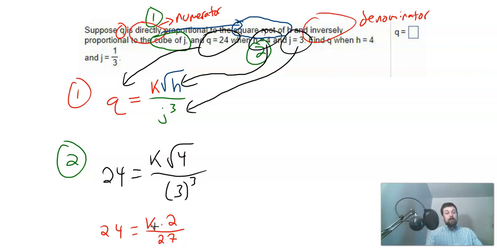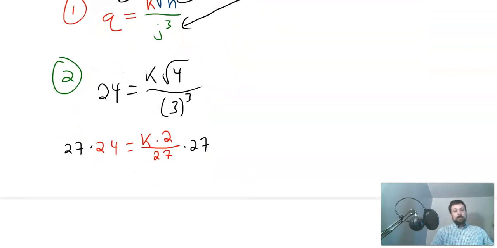Right. Then to solve this for k, I need to get rid of the fraction, so I'll multiply the common denominator to both sides, which is 27. And you can see that this is going to turn into a big number. Right. So multiply 27 to both sides, and we're going to get 27, I made sure to have a calculator ready today, times 24, which is going to be 648.